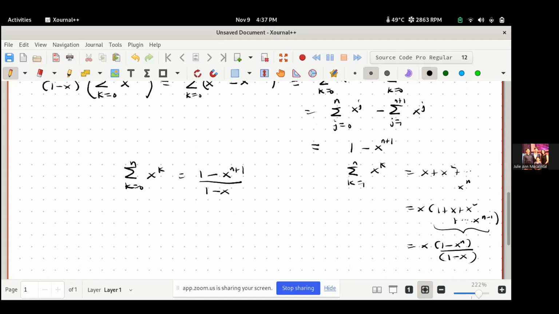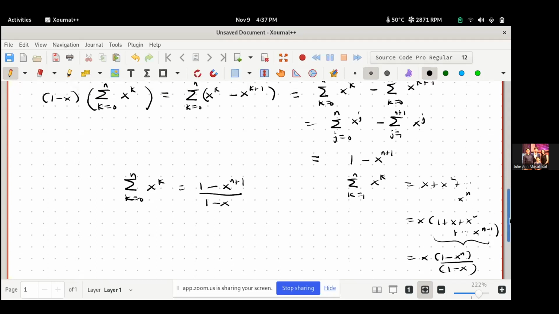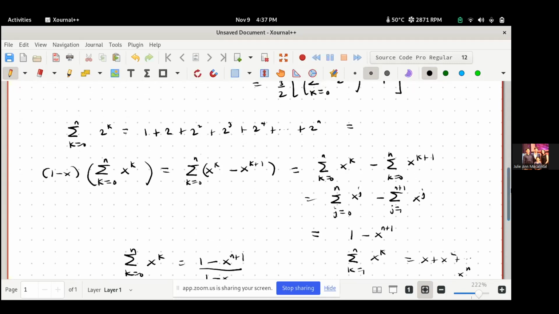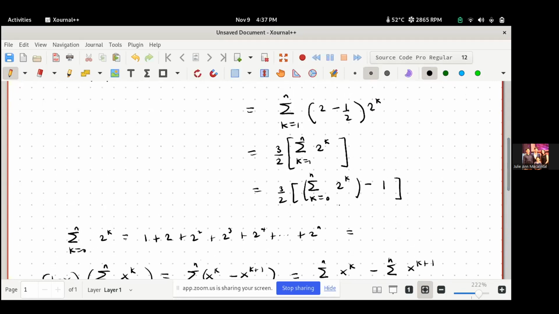Pwedeng ganun. At least yan yung isang gagawin ko. Pero, yeah. Anyway, meron tayong formula for this, di ba? So, this just becomes 2 to the n plus 1 minus 1 over 2 minus 1.